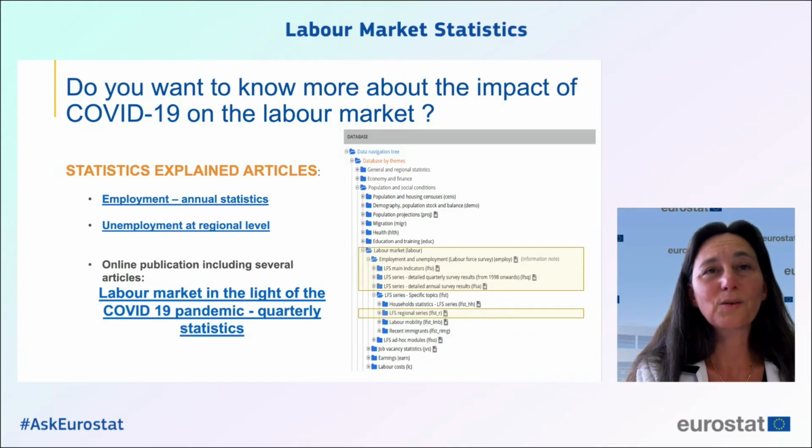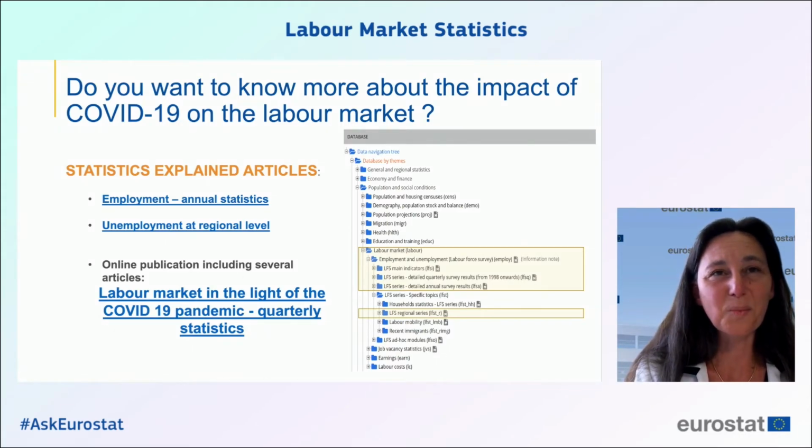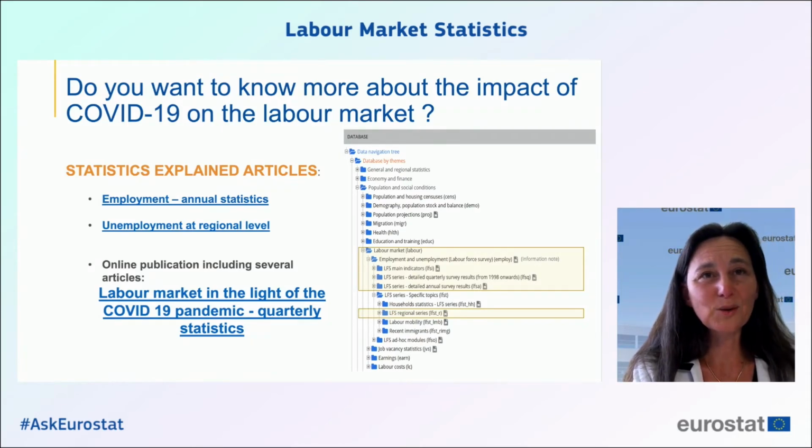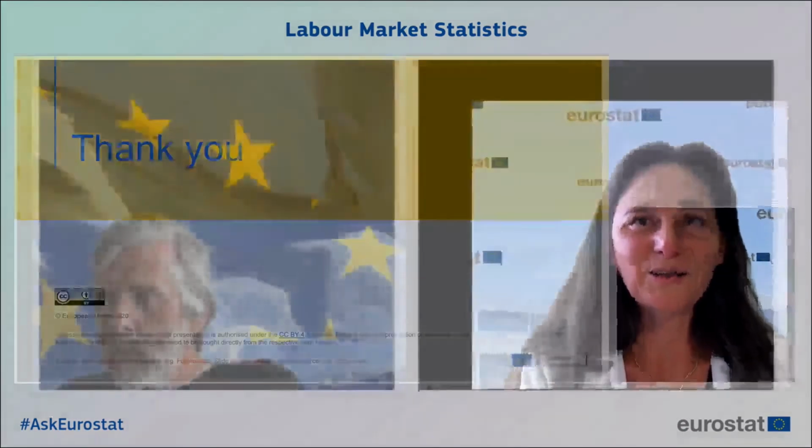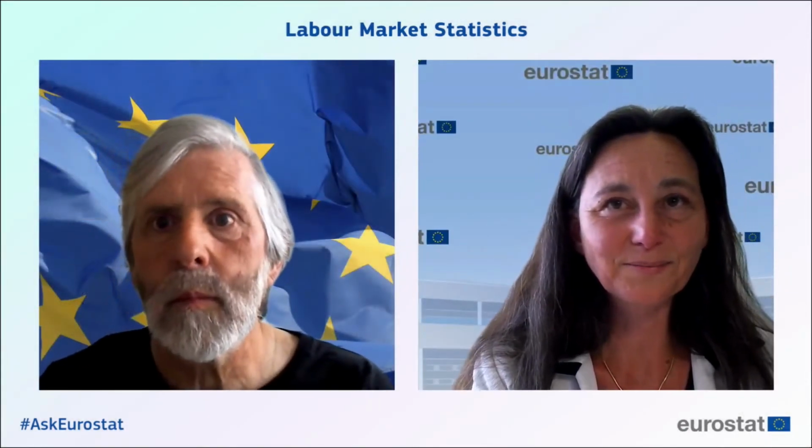And if you want to have a set of data to play with, I recommend you go on our website and to the labour market section, and here you have all the data for your further analysis. So thank you very much, and we are now here for your questions.